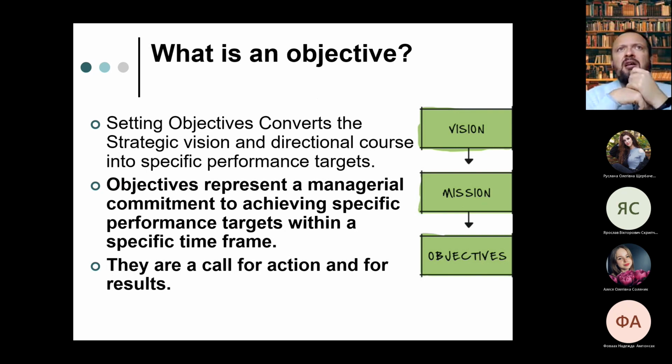It's like a general purpose of existence for a company. So we have to transform this general purpose of existence into some small results, and we name these small results of activity objectives.